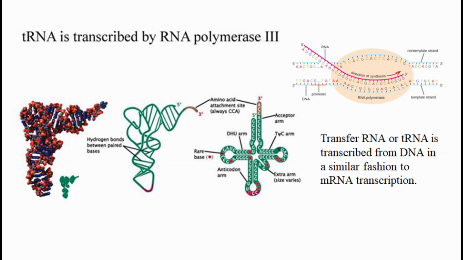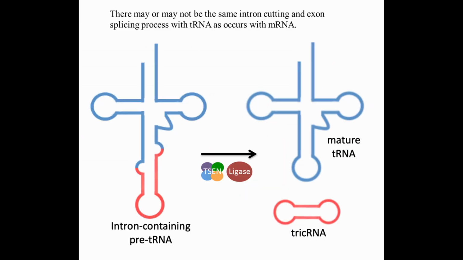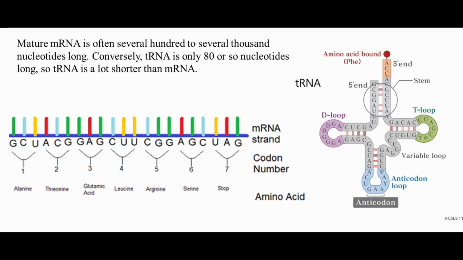Other forms of RNA besides mRNA can also be transcribed directly from DNA. Transfer RNA or tRNA is transcribed from DNA in a similar fashion to mRNA transcription. There may or may not be the same intron cutting and exon splicing process with tRNA as occurs with mRNA. Mature mRNA is often several hundred to several thousand nucleotides long.